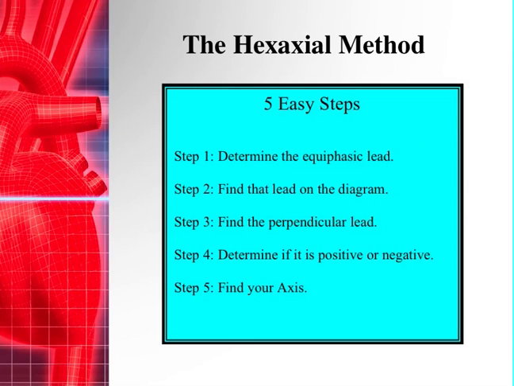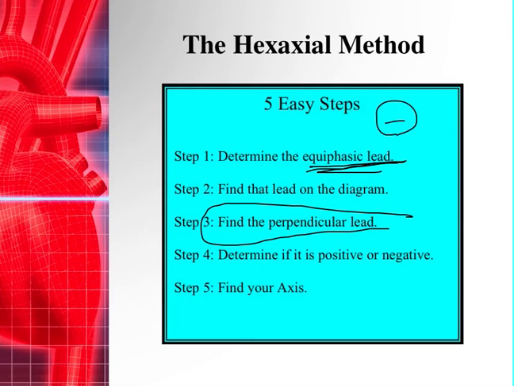Now, I want you to think about what we're doing here. Why are we finding the perpendicular lead to the one that's equiphasic? Well, what does it mean for a lead to have an equiphasic QRS complex? We said that before, didn't we? We said that if this is the lead that we're looking at, and the QRS axis is going perpendicular to it, we get an equiphasic QRS complex.